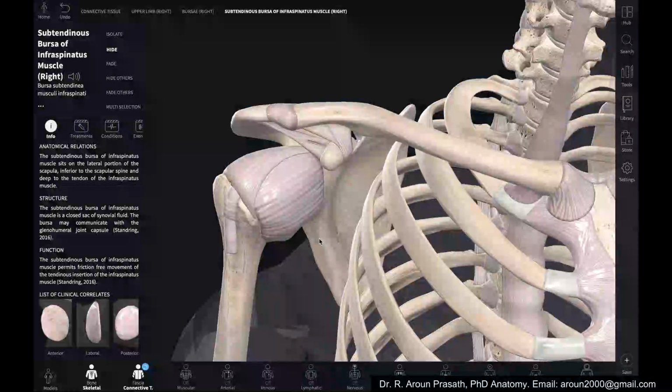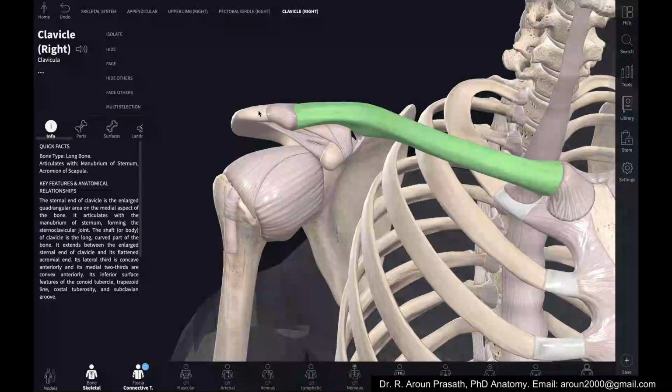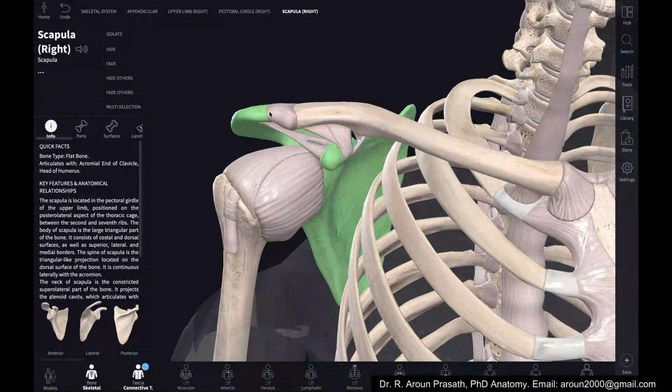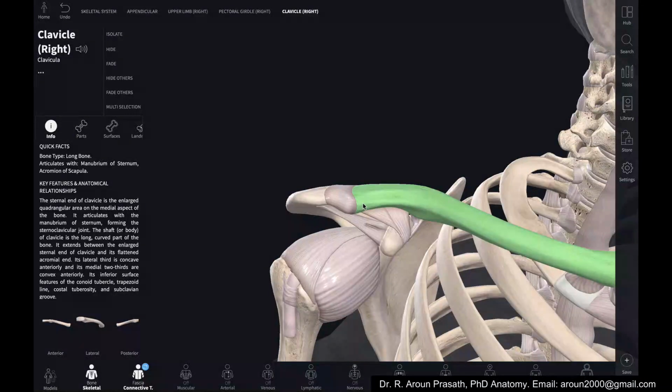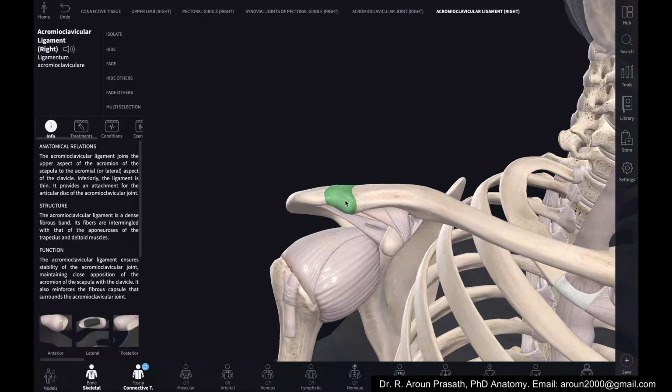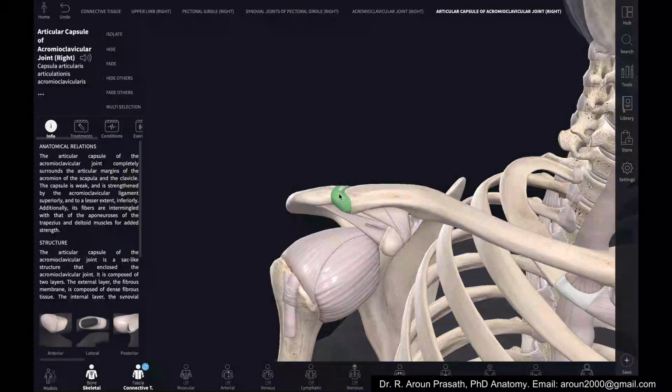So coming to the acromioclavicular joint, this is the acromion process and this is the clavicle, the lateral one third of the clavicle. This joint is called the acromioclavicular joint. There is one acromioclavicular ligament attached, holding the acromion process and the clavicle. Inside this you have a joint capsule.